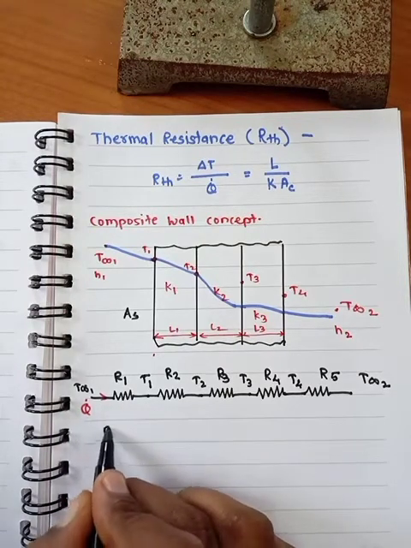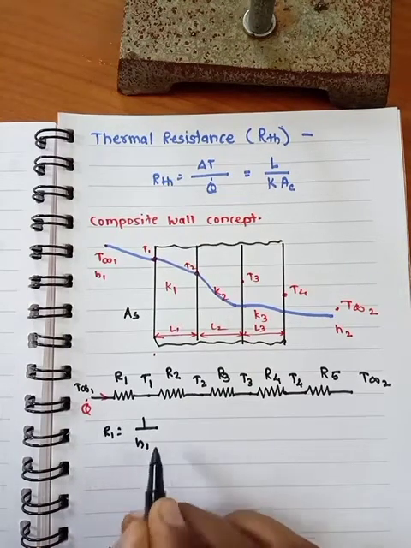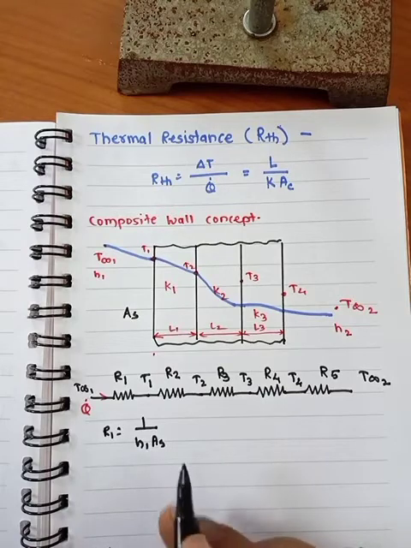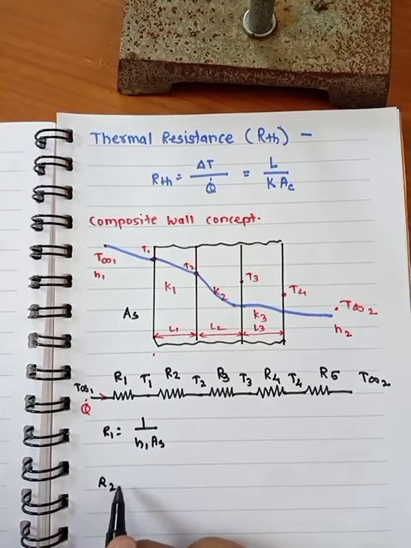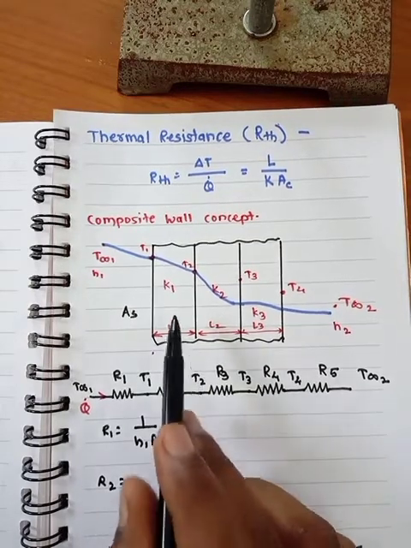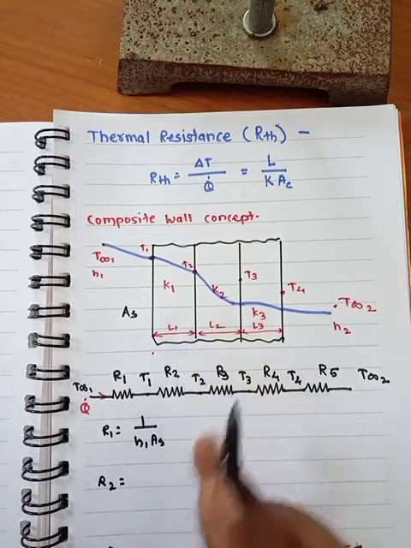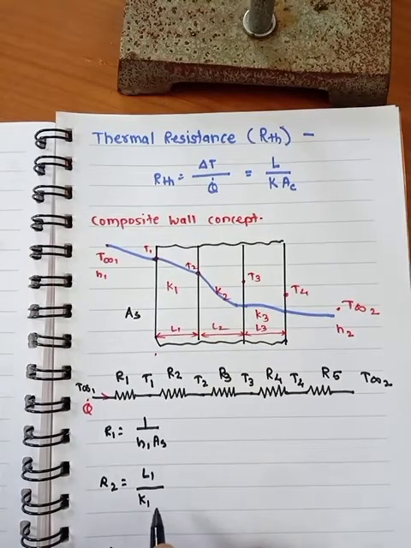So R1 is equal to 1 upon h1 A_S. Then R2 is the resistance due to the wall layer, and we will consider here L1 divided by K1 into A_S.